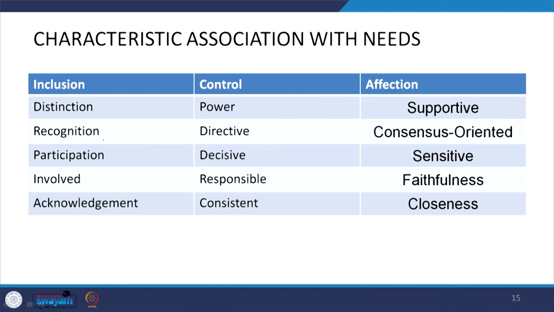When we talk about affection, affection will be supportive. Those people who want affection or who express affection, you will find they are more and more supportive in their behavior. Whenever there is a consensus orientation, you will find that those who are high affection oriented are always consensus oriented.